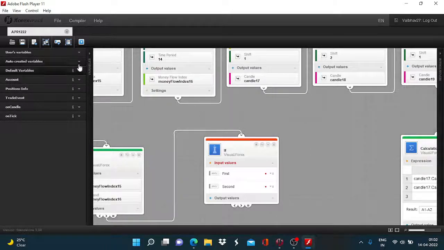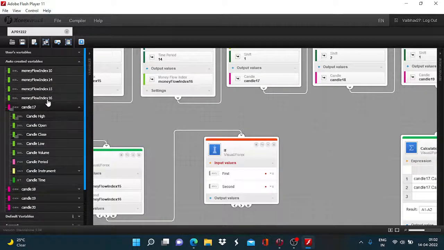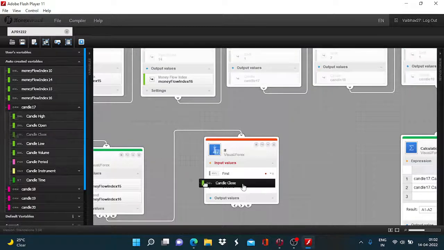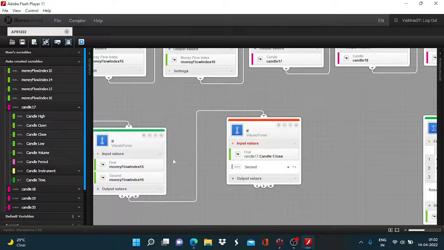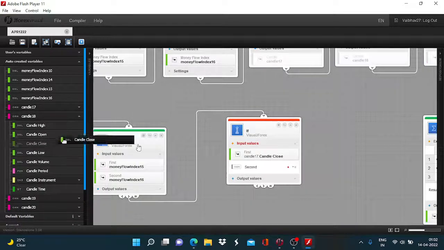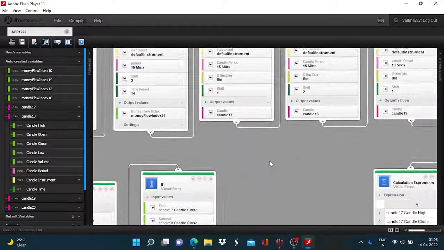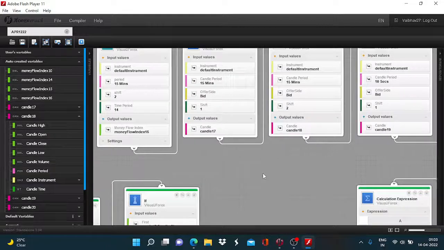So here I will take the auto-created variables. Candle 17 candle close needs to be lower than candle 18 candle close. Okay.